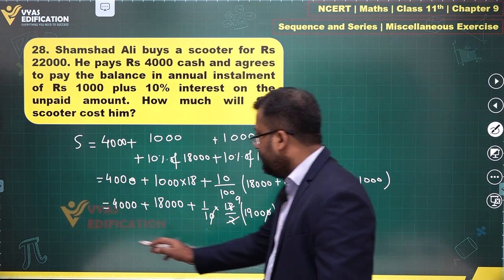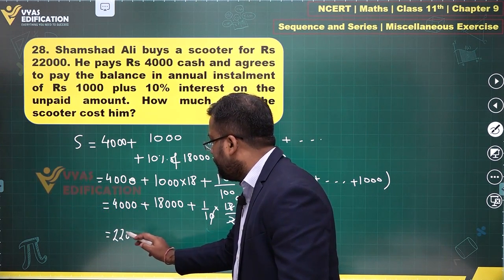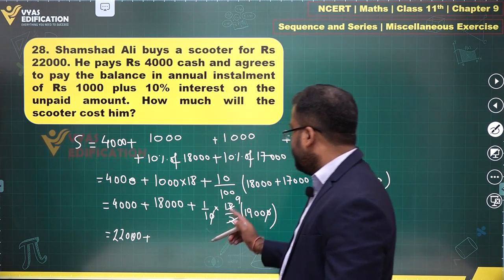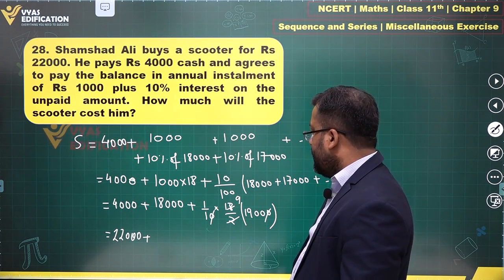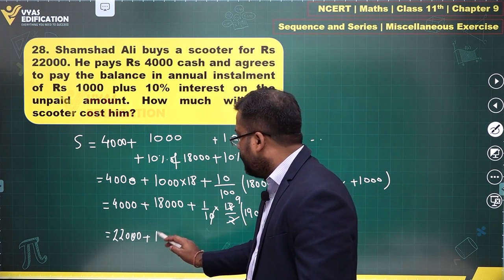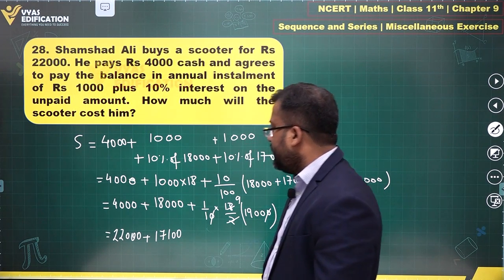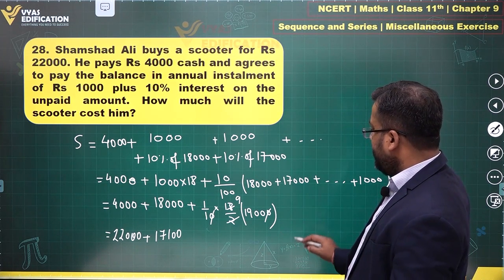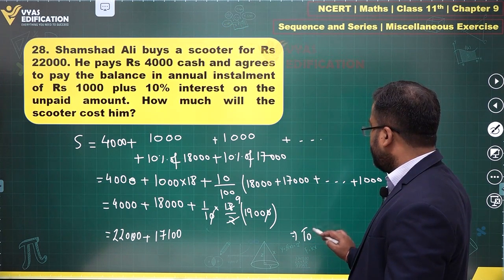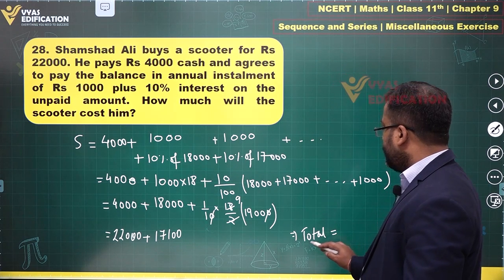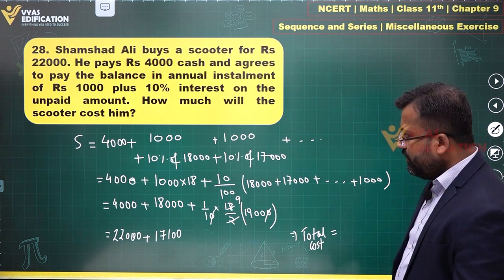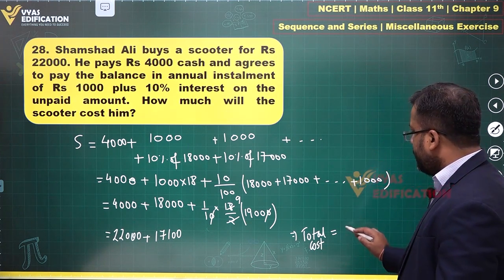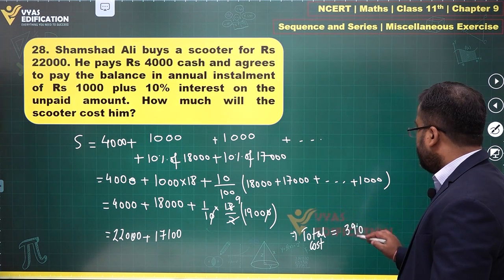And we get 18 plus 4 is 22,000, plus 9 into 19, which is 171,000. This is what you get. Is that okay? Yes. So the total amount paid, the total cost of the tractor, will be 22 plus 17 is 39,100.